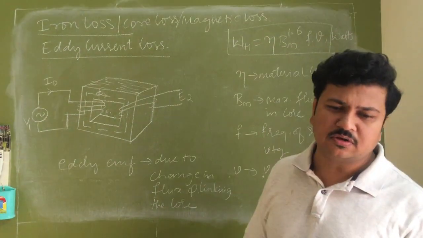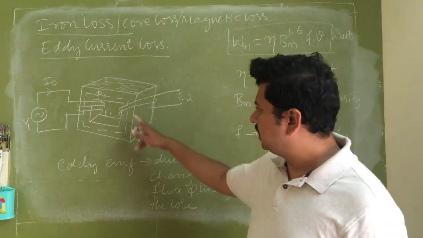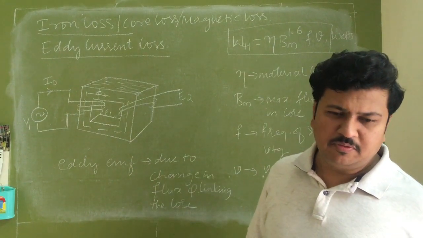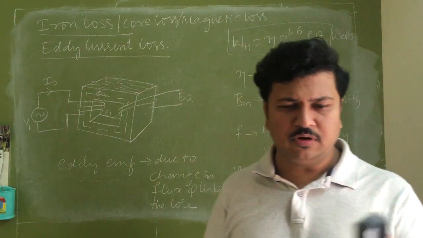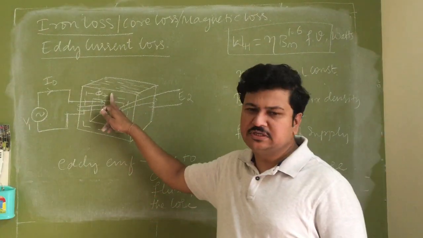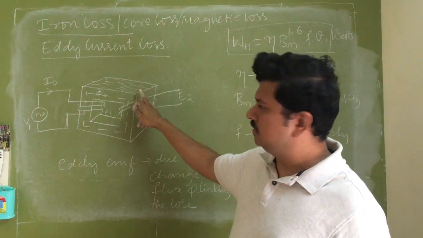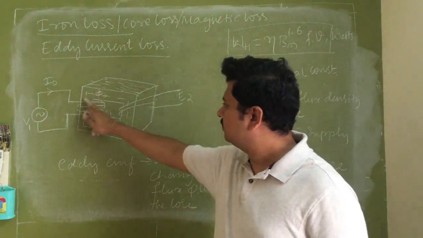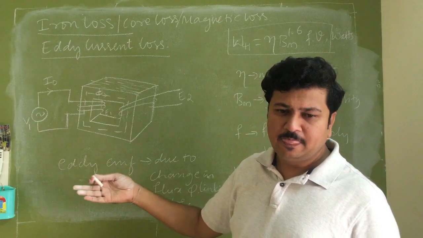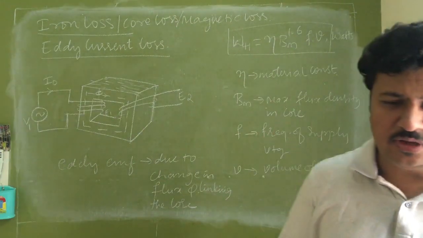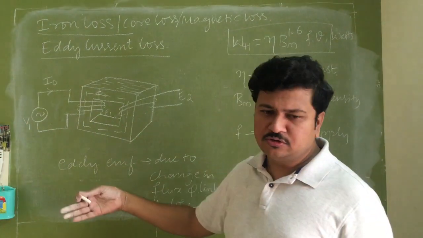The moment flux starts linking the core, eddy EMFs are induced. But eddy EMFs will not be there in the core for a longer time because the core is short circuited on itself. See, this surface provides the closed path. Front surface provides the closed path. Everywhere there is a closed path. Each surface is a closed path.